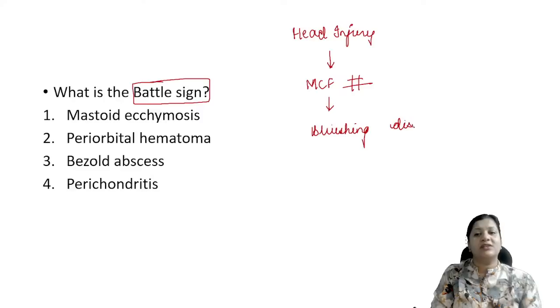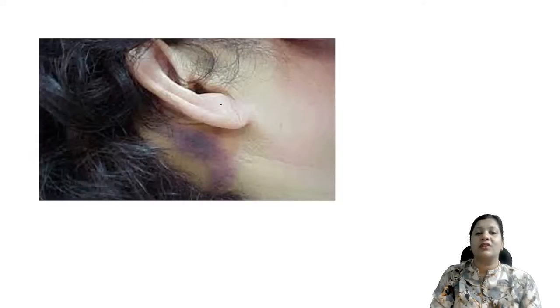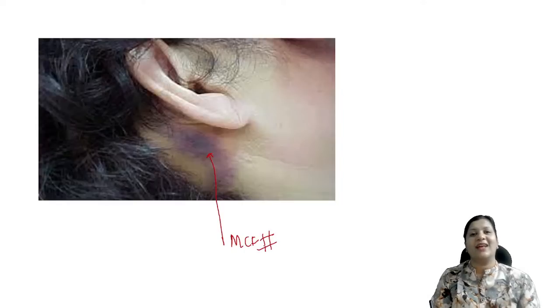This bluish discoloration of the mastoid is called Battle sign, which is seen in mastoid ecchymosis. So mastoid ecchymosis presents with a bluish discoloration of the mastoid, typically seen in middle cranial fossa fracture. This sign is called Battle sign.